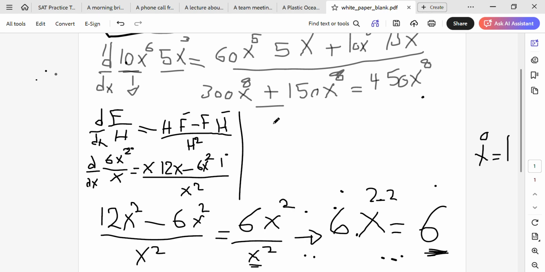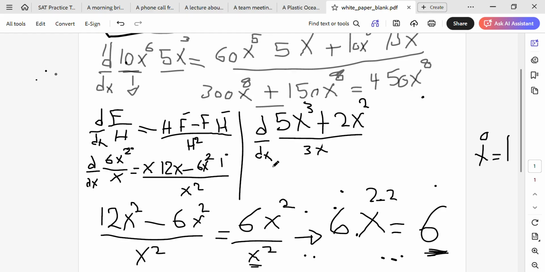This time, let's make it a summation and also a division: 5x raised to the power 3 plus 2x raised to the power 2, all divided by 3x. They are asking to find the derivative of this function.